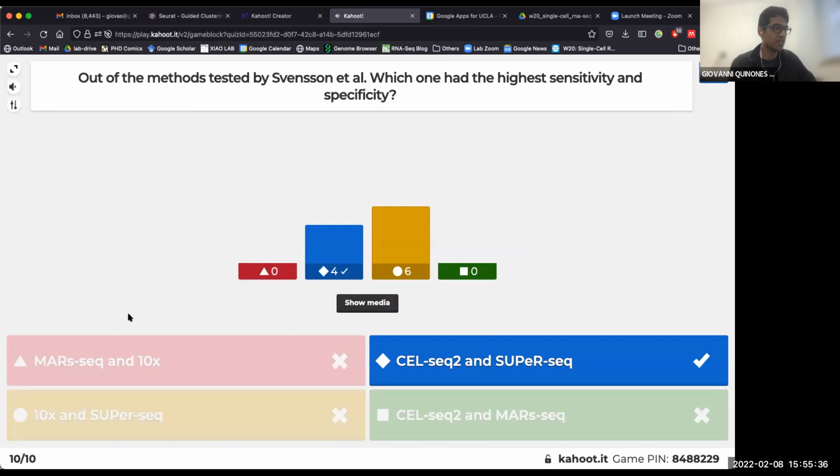This question was a little harder. It requires some memorization from the older slide. Not most people, 4 people got the right answer. Cell-seq 2 had the highest sensitivity, while super-seq had the highest specificity or accuracy.